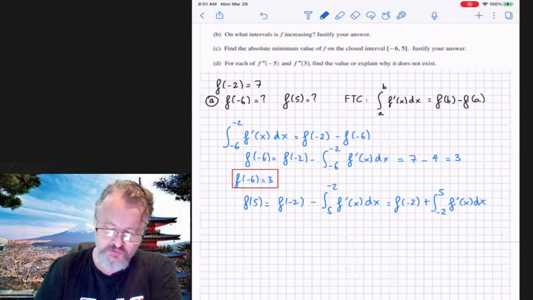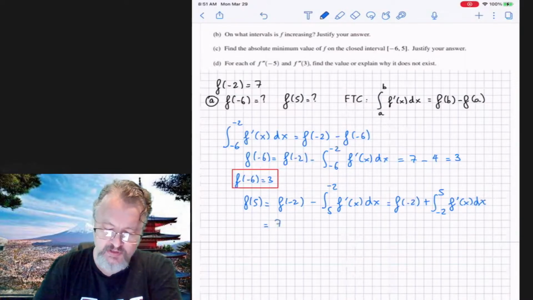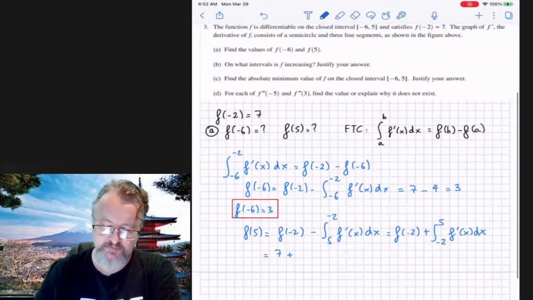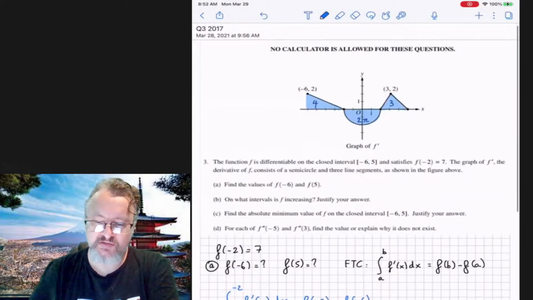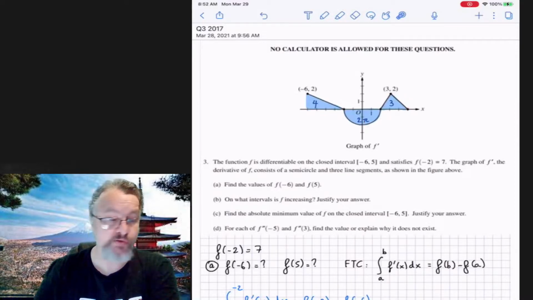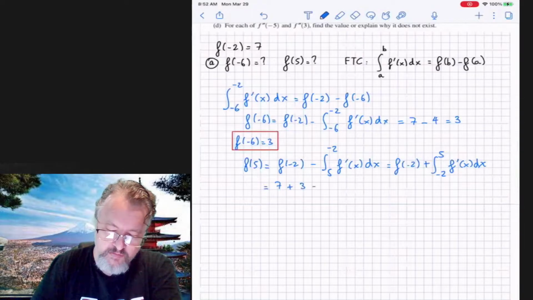Okay? Which means that instead of f of -2, we're going to have 7 plus, and what is the area under the curve between -2 and 5? Well, between -2 and 5, we're going to have all of this, which is -2 pi, and this, so 3 minus 2 pi. So plus 3 minus 2 pi.